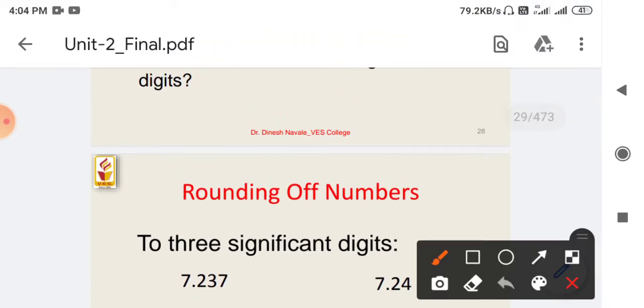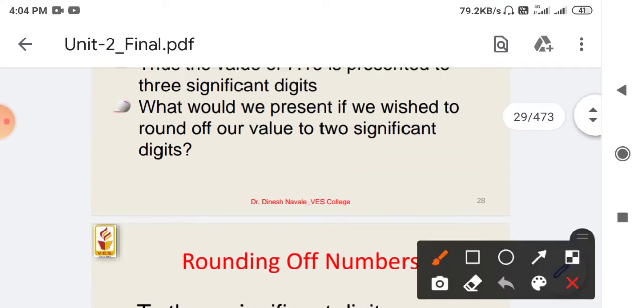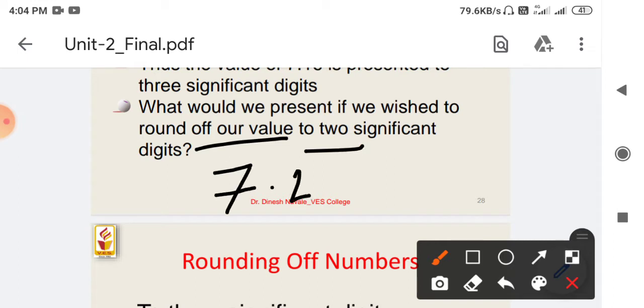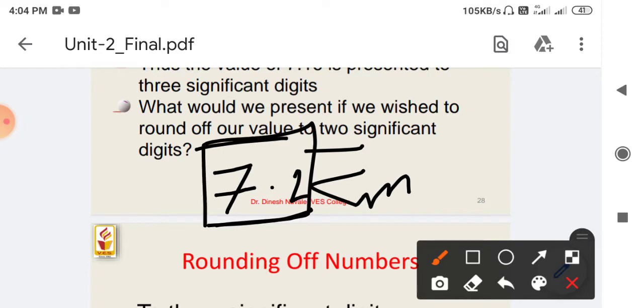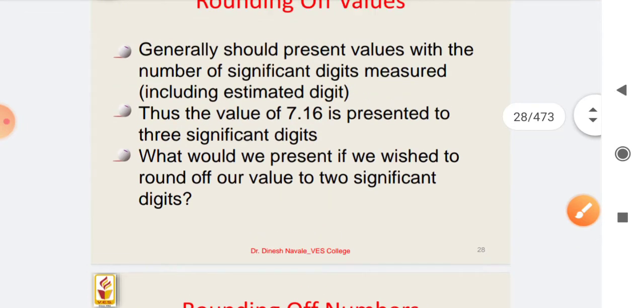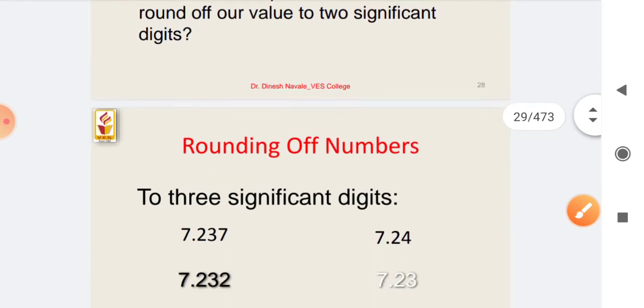For measurement on this scale, we need to round off these values to two significant figures, and it comes out to be 7.2 centimeter. So we can measure 7.2 centimeter on the given scale.